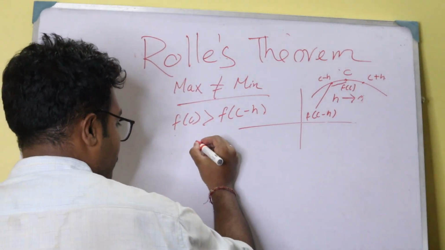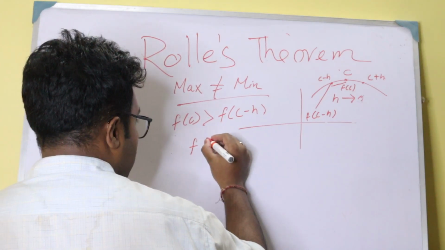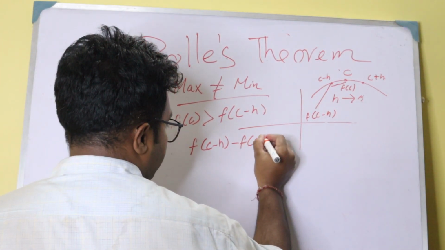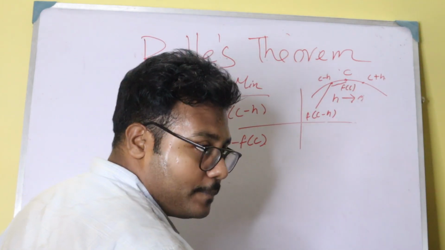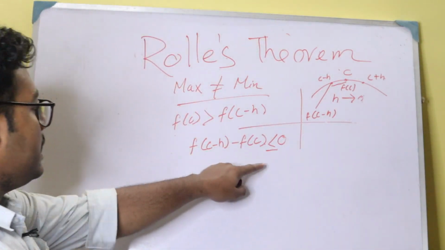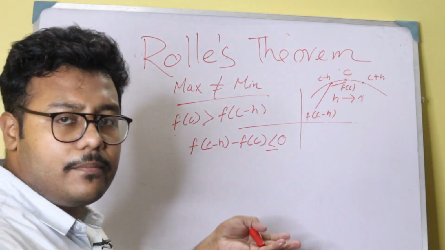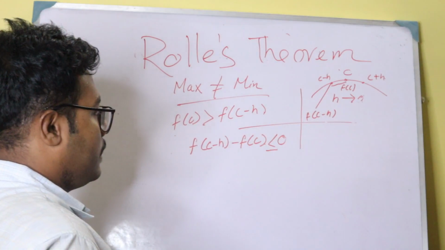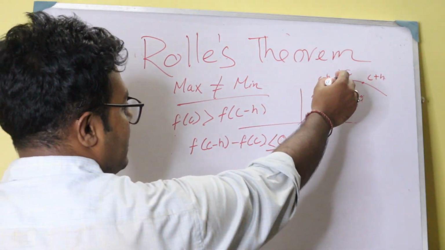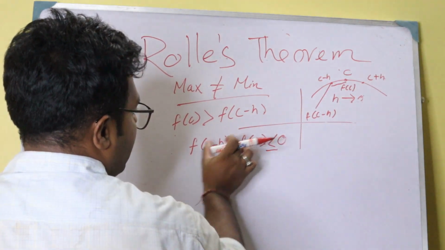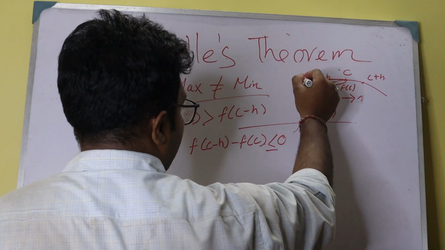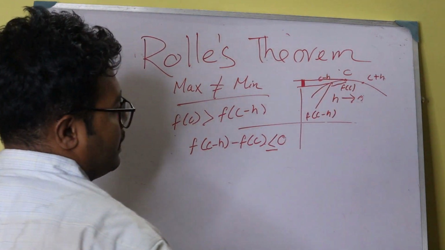Now if we just do this, f of C minus H minus f of C, what is this? This will be less than or equal to 0, right? Actually it will be either 0 or negative, because see here it is this part and see here it is this part, so there will be a difference here.